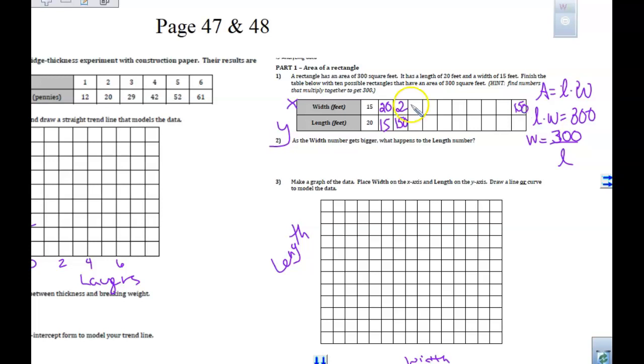So if you pick 10, and you can pick different numbers, what does that mean for the length here? I have to go from 0 to 150. So again, I might go up by 10, 20, 30, 40, 50, 60, 70, 80, 90, 120, 150. If I'm looking at that, I might want to go by 15 instead of 10. So you can set that scale. The scale is probably going to be the same on both.